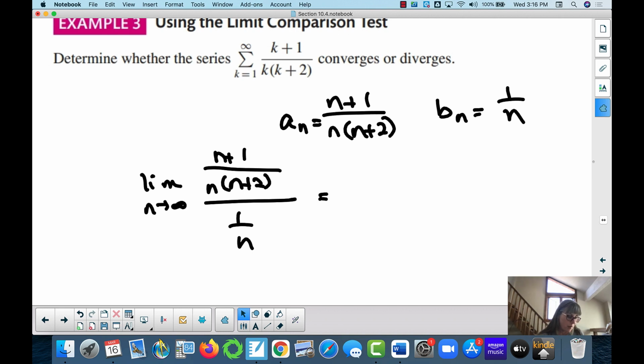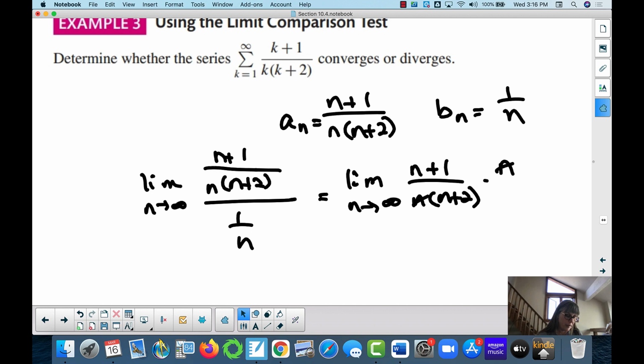Well, that's a complex fraction that we can change to n plus 1 over n. And then instead of dividing by 1 over n, we can multiply by n. So these n's are going to cancel. And then we have the limit as n approaches infinity of n plus 1 over n plus 2. Well, we know that that equals 1. Okay, we could use L'Hopital's rule to show that.